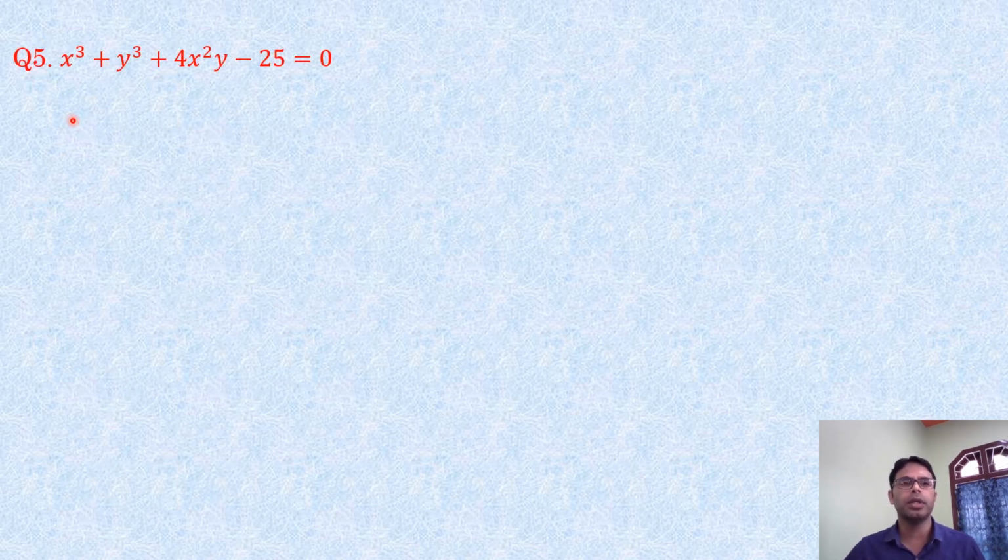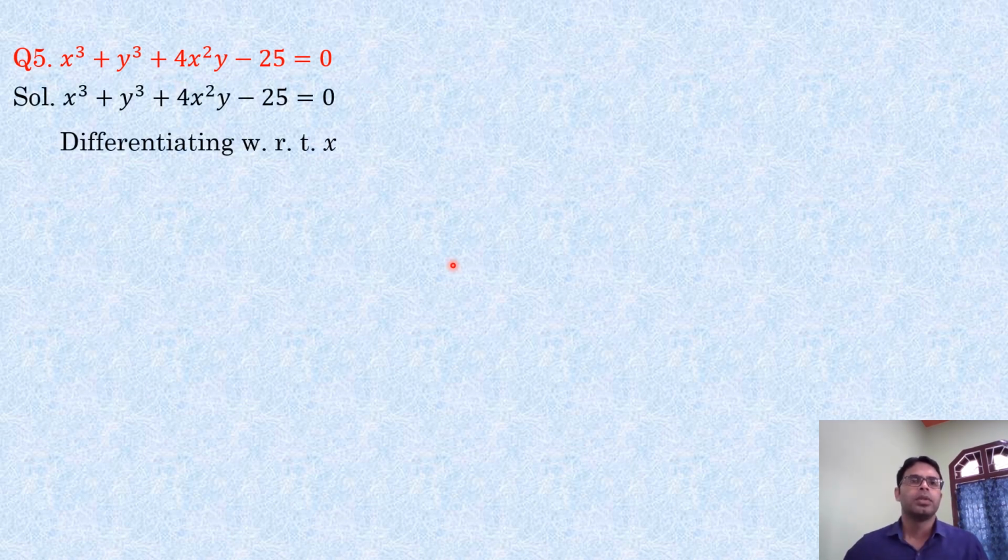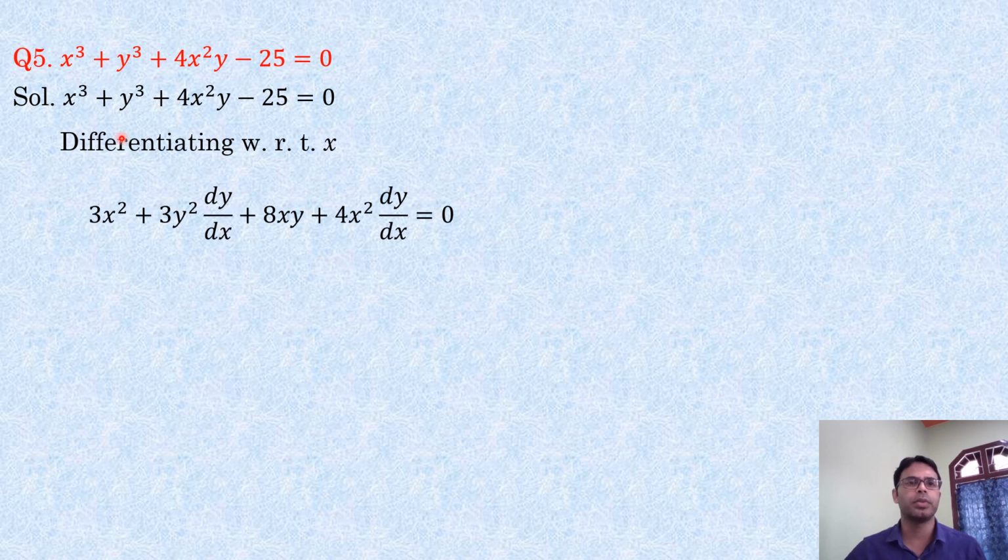This is another question: x cube plus y cube plus 4x square y minus 25 is equal to 0. The method is similar to the previous question. Differentiating with respect to x, x cube differentiation is 3x square, y cube differentiation is 3y square, but for y you have to write dy/dx, plus here a product function: 4x square is one function and y is another function.